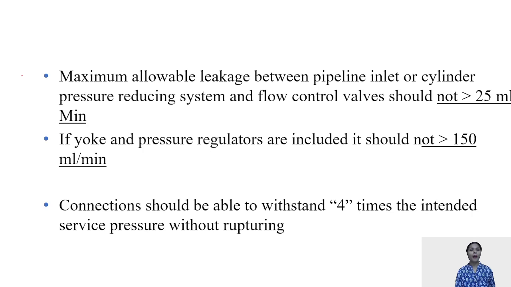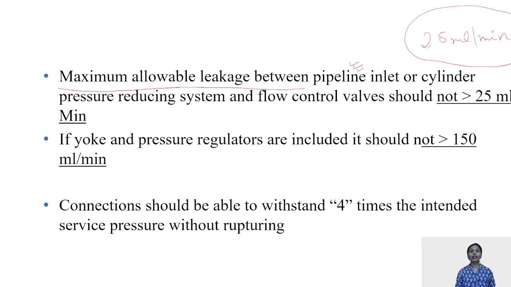What is the maximal allowable leakage when we talk about your intermediate pressure system? It has to be not more than 25 ml per minute. This is the maximum leakage that is allowed.